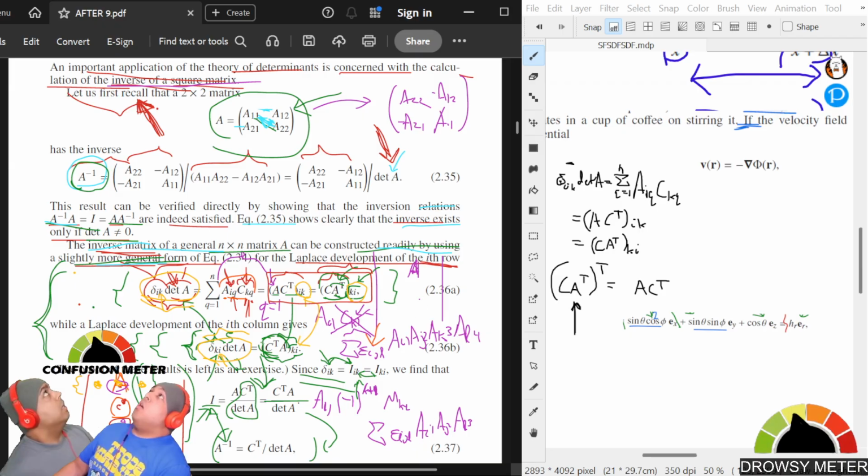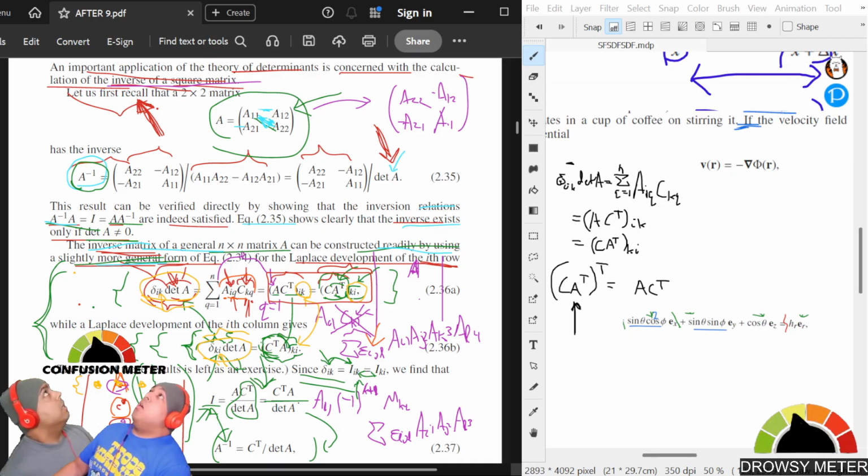Okay, let me Google something. Is the cofactor matrix the same order as the original matrix?